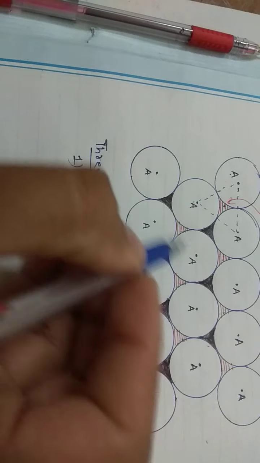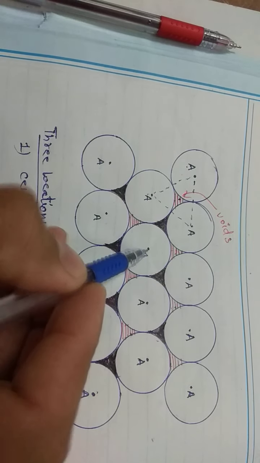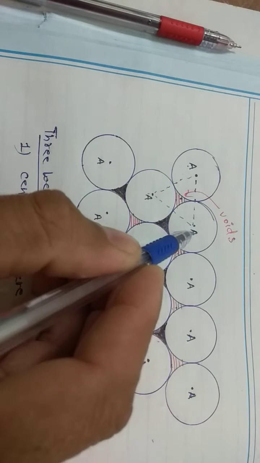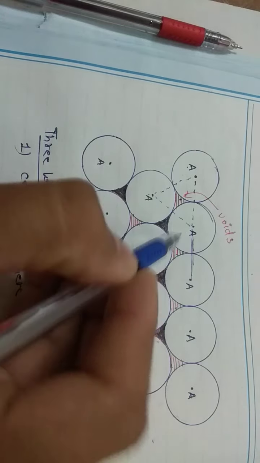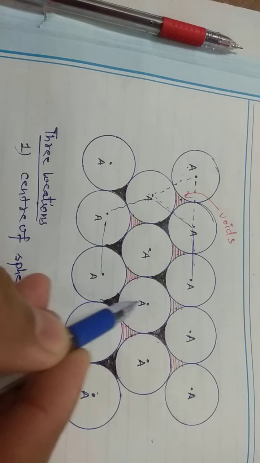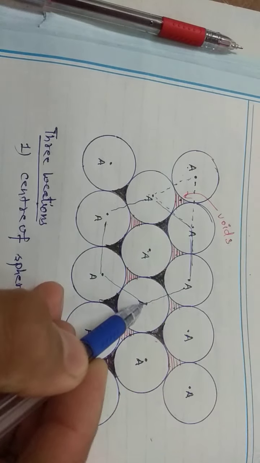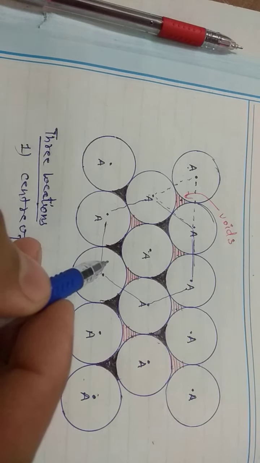Okay class, so here if you see, if I take this particle in the center and I join the other center of other particles, then you will see that it will become a hexagon. So class, here you can see that this will be a close packing.